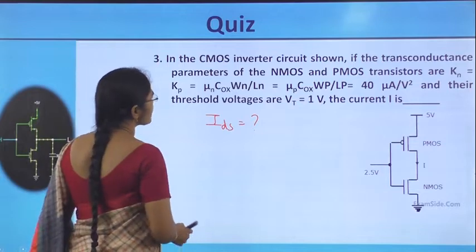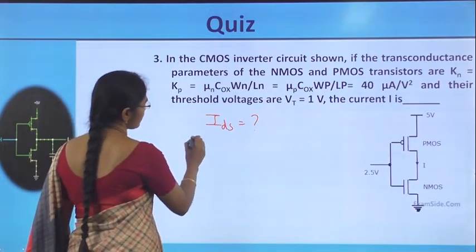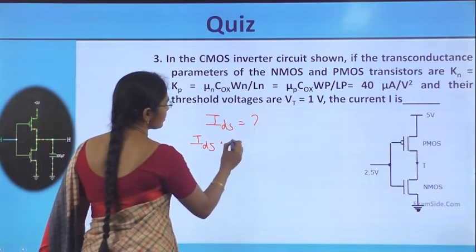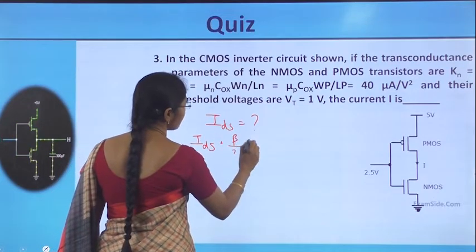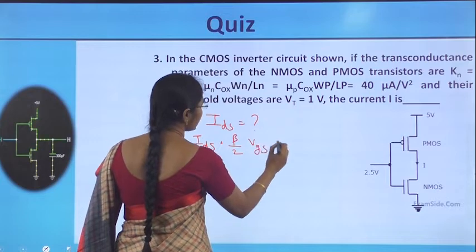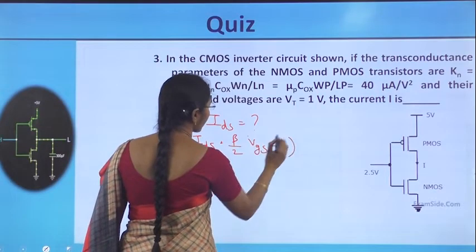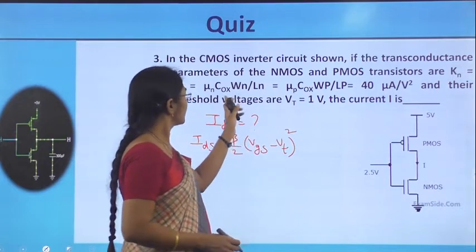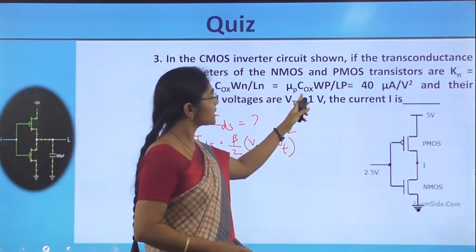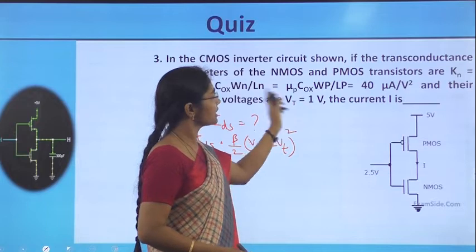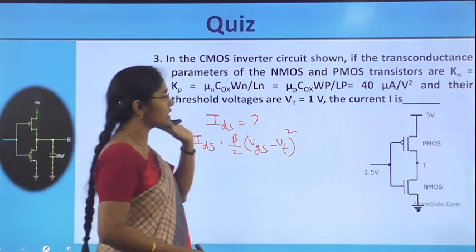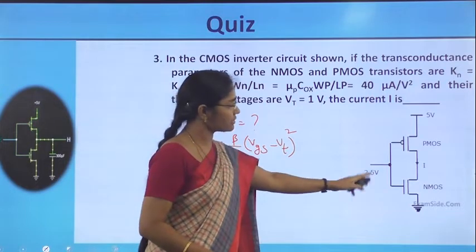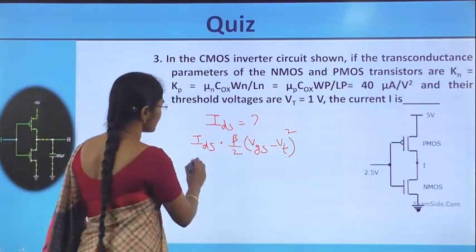So both the transistors are in the saturation mode. The current equation is IDS equal to beta by 2 into VGS minus VT whole square, where VT is given as 1 volt and Kp and Kn, that is beta P and beta N, are directly given as 40, and Vin is given as 2.5 volts from the figure.